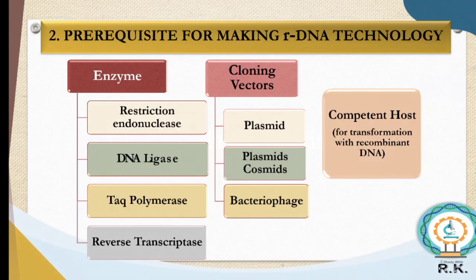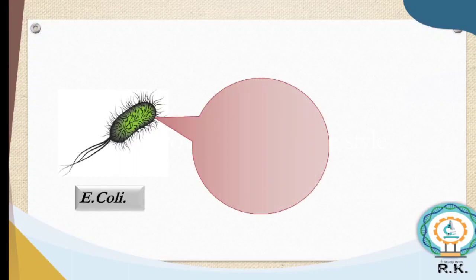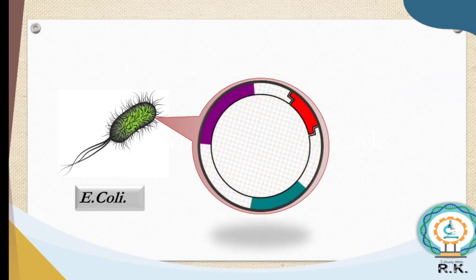Let's see the complete process of recombinant DNA technology. It includes multiple steps maintained in a specific sequence to generate the desired product. Here, the plasmid is a circular DNA molecule that exists outside the bacteria's main DNA, and it can safely carry the clotting factor gene into the bacteria and have it replicate.